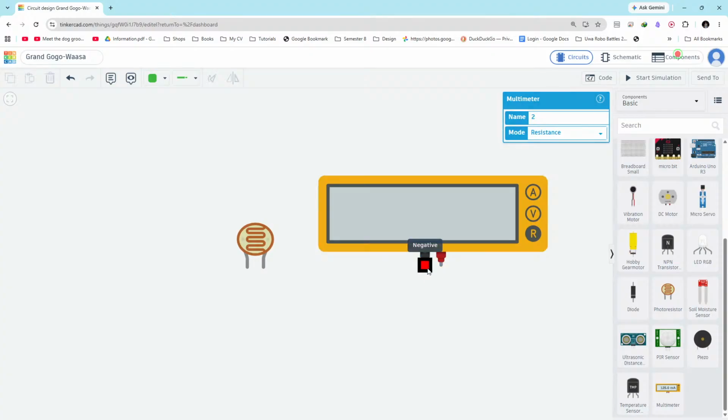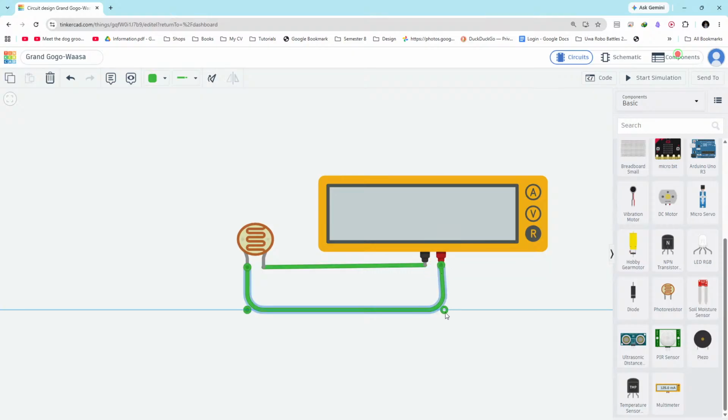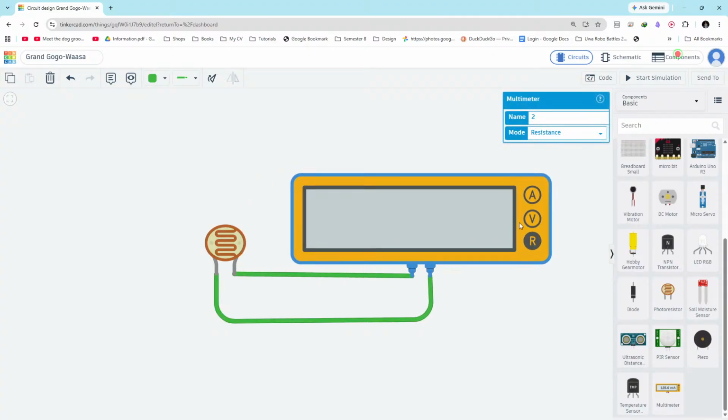Then connect the LDR using wires like this. Now our circuit is ready.